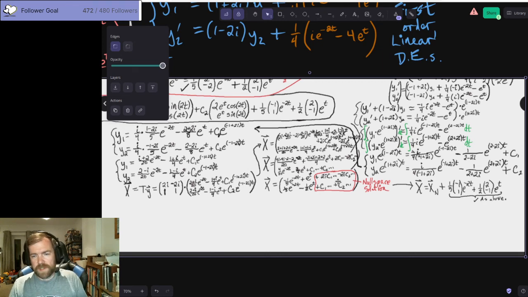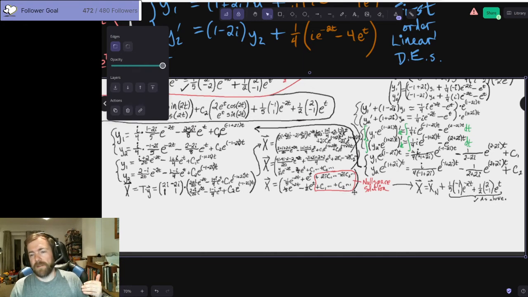C1 and C2 in this case are just imaginary numbers, which knock all of that stuff back to the reals. And then at the bottom we have 1/5 e to the negative 2t minus 1/2 e to the t plus C1 times e to the lambda 1 t plus C2 e to the lambda 2 t.